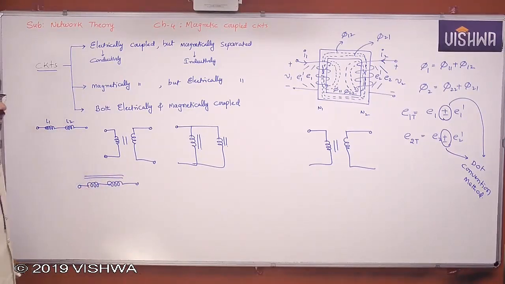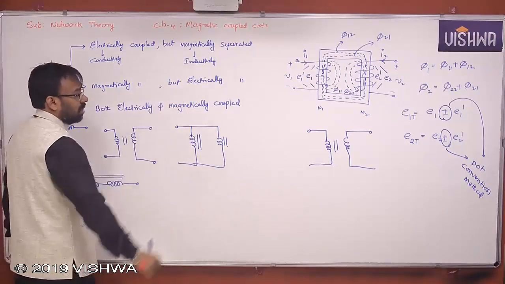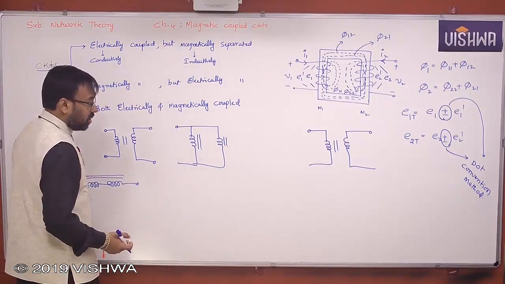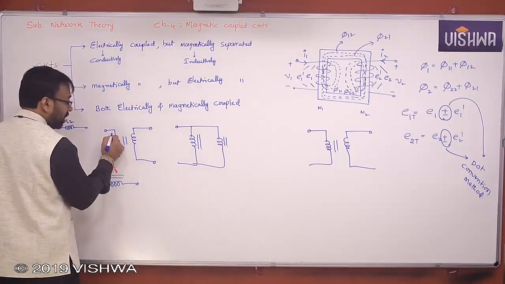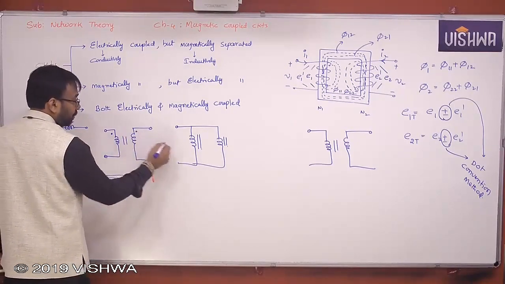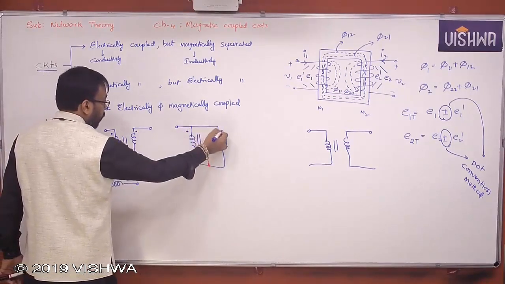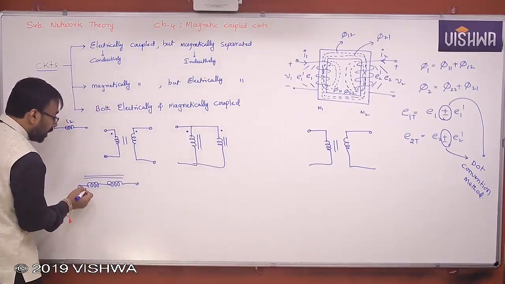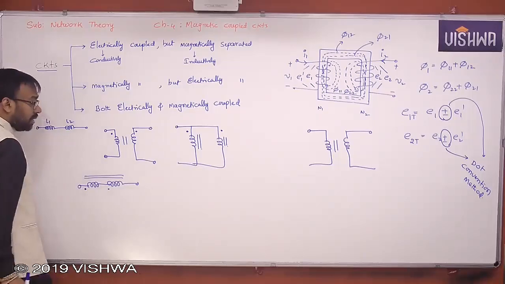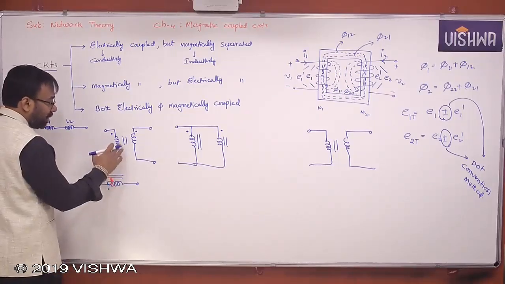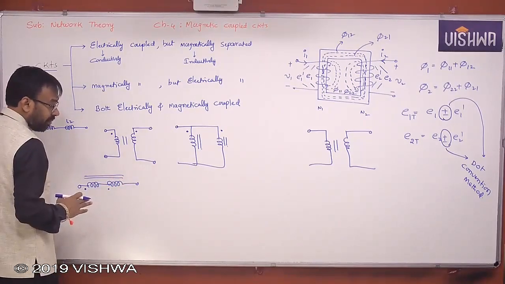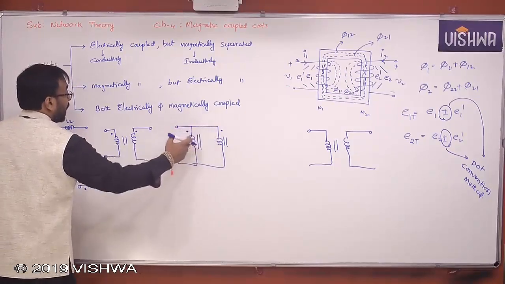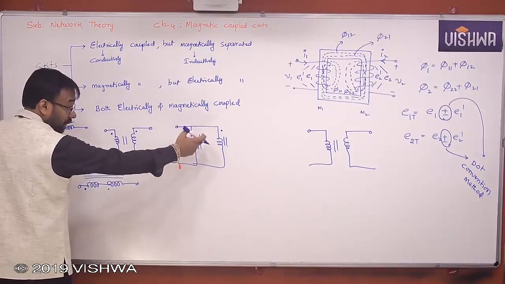Understand all of you? So usually with that dot convention method, I'm going to explain how the dots are created. The dots indicate that they are mutually coupled. Even if you do not indicate like this, but if you indicate the dots, they are mutually coupled. Understand? So inductively coupled but electrically separated. Both inductively and conductively, because there is a physical contact as well as magnetic coupling.